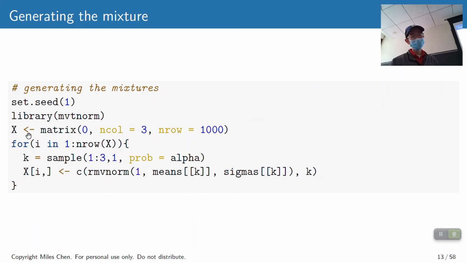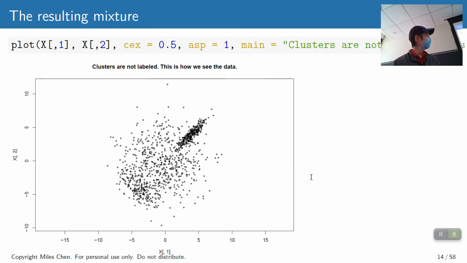Whatever value k is, look up that value in the list of means, look up the sigma matrix in the list of sigmas, and then generate one random value using the random multivariate normal. I also store which component it belongs to. And when we do that, this is the data.